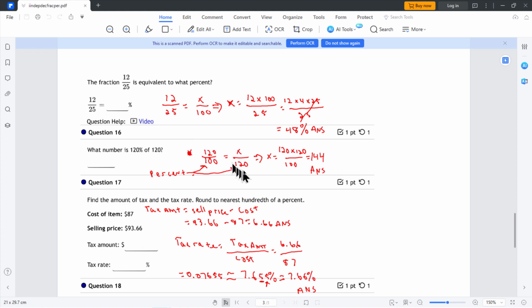So I cross multiply and divide it. And I end up with 144 for my answer. So looking at it from another point here, you can see that 120 is 100% of something. So 120% of it would be what? You cross multiply and divide.